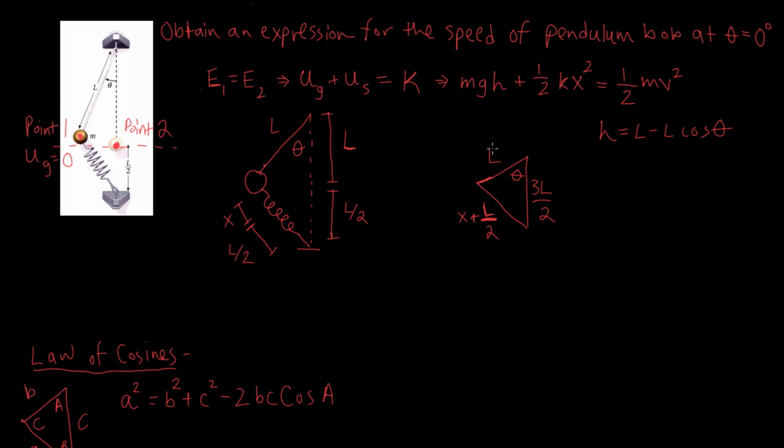In the lower triangle, in the bottom left side, the side x plus L divided by 2 corresponds to side A. The side L corresponds to side B, and the side 3L divided by 2 corresponds to side C.